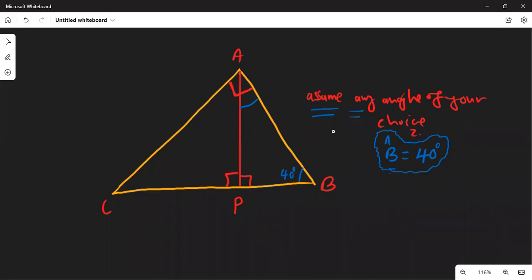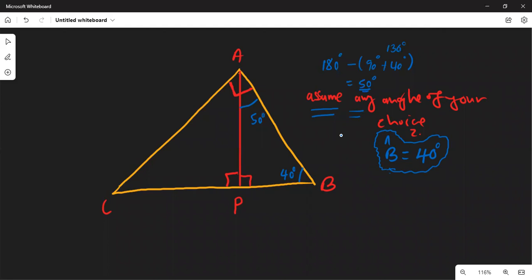So we are going to subtract 90 and 40 degrees from 180 degrees, which is going to be 130 here. That's 180 minus 130, which is 50 degrees. Exactly. So this angle here is going to be 50 degrees.